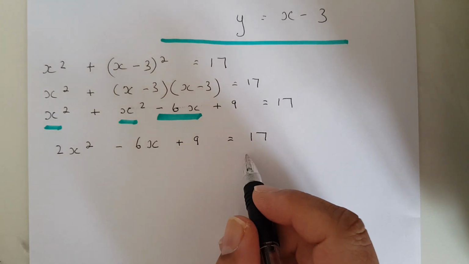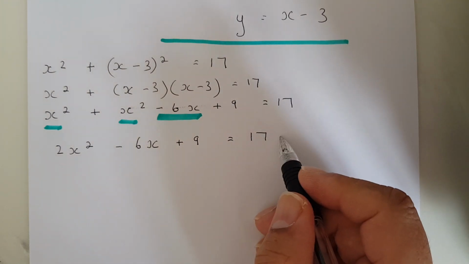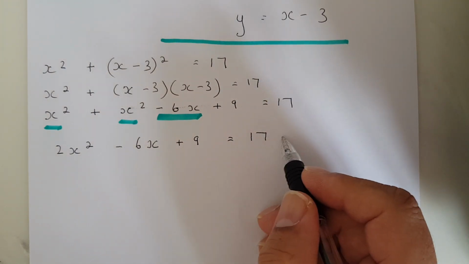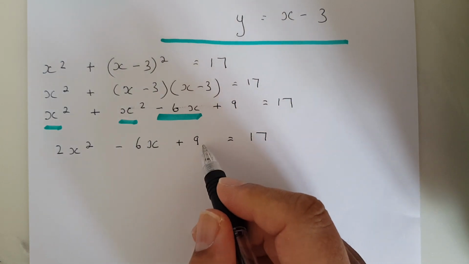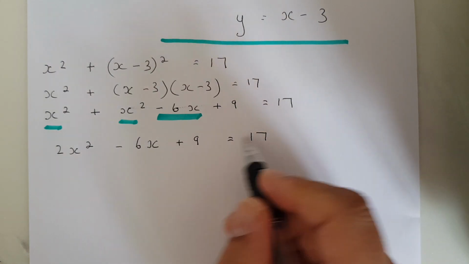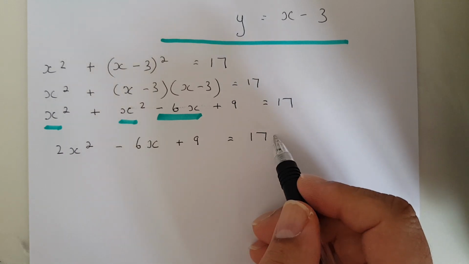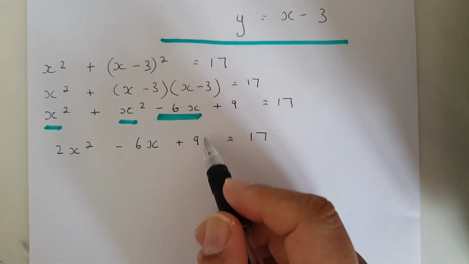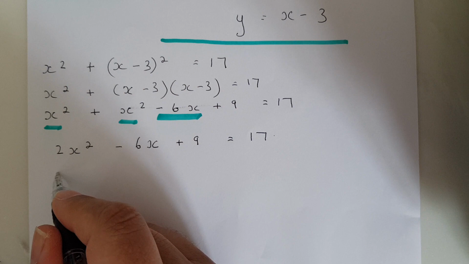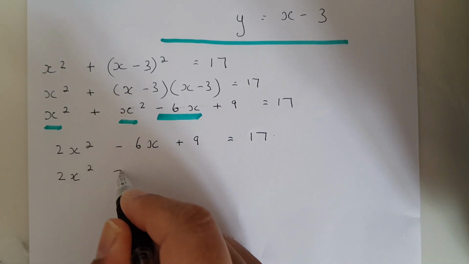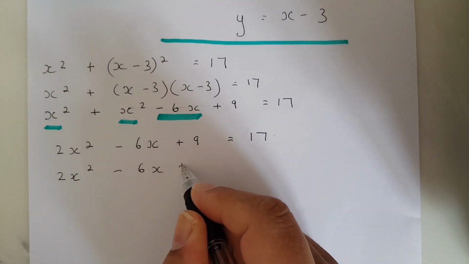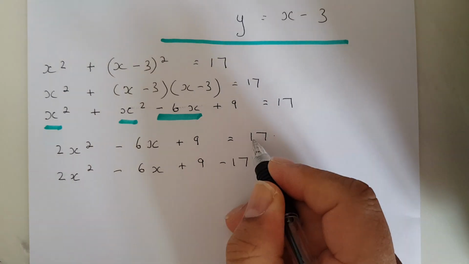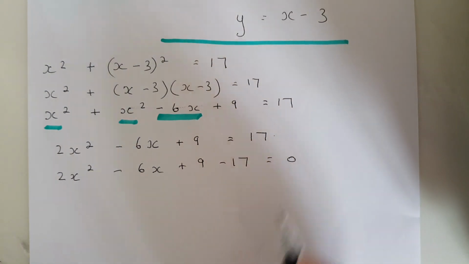So what we're going to do is minus 17 on this side to make it 0. 17 minus 17 will be 0. But we have to minus 17 on this side to balance the equation. So you're going to have 2x squared minus 6x plus 9 minus 17 equals 0.